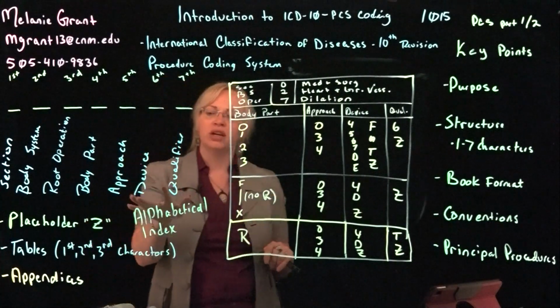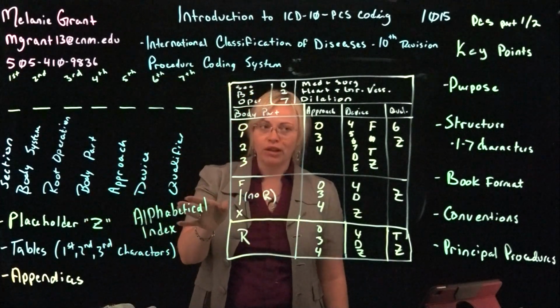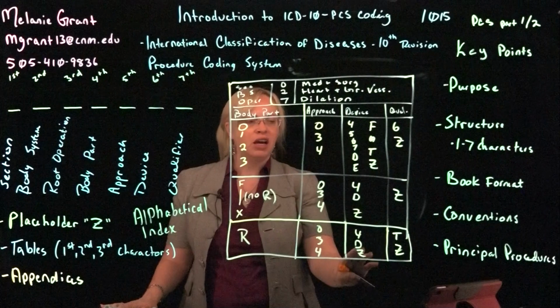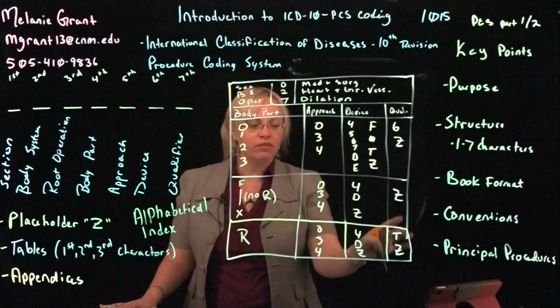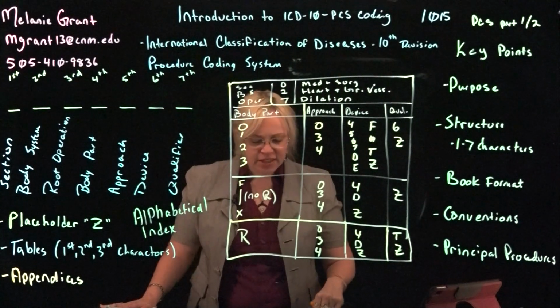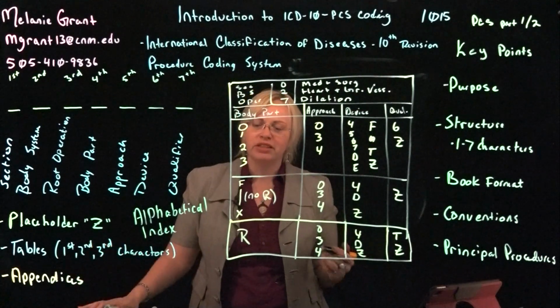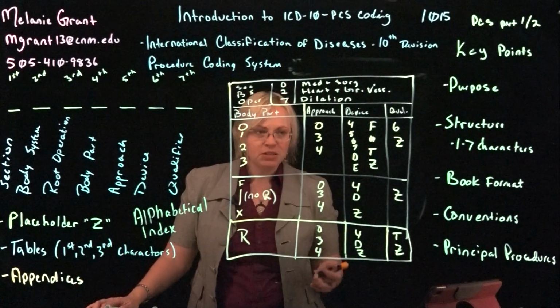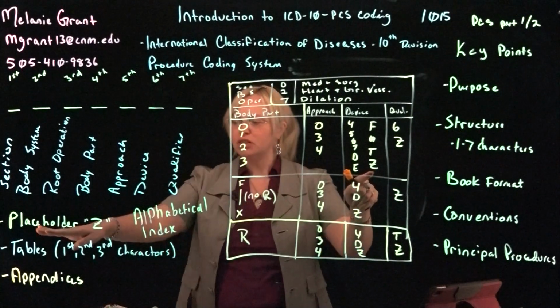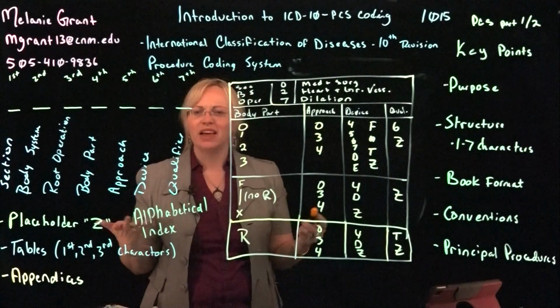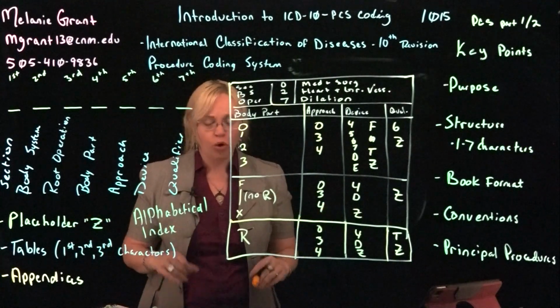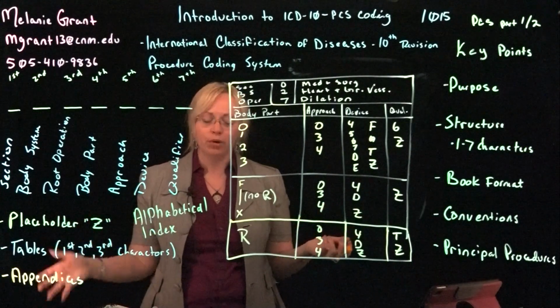Your last two characters are device and qualifier. And here they're represented on your table as device with several different options and qualifier. Under device, it doesn't always necessarily mean a device will apply. So sometimes you'll see the placeholder character Z, as in zebra, identifying that this doesn't apply to this code or this procedure, or no device is appropriate.